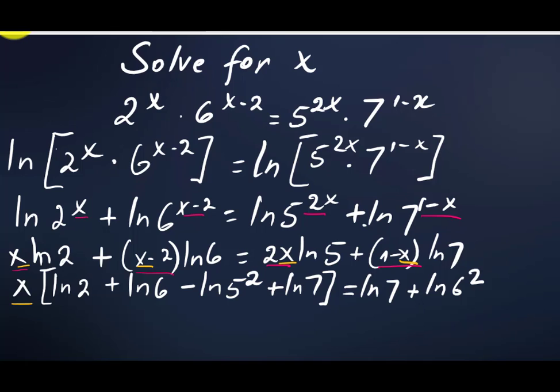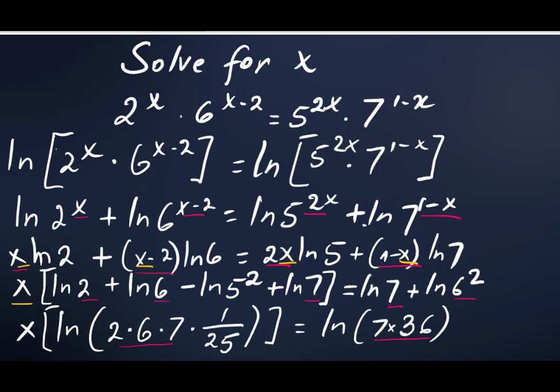So we have x factoring natural log of 2 plus natural log of 6 minus natural log of 5 squared plus natural log of 7 comes here, becomes plus, is equal to 1 times natural log of 7 plus natural log of 6 squared, the minus 2 times natural log of 6 brought to the second side becomes natural log of 6 squared positive.